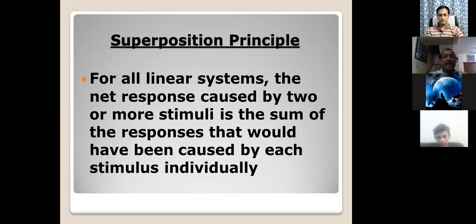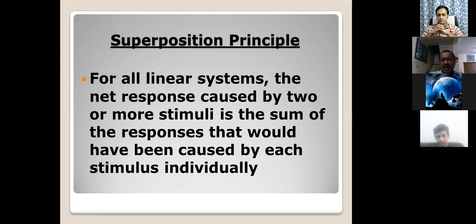So the superposition principle, in literature, says this: for all linear systems, you can disregard the word linear right now, let us say for all systems, the net response caused by two or more stimuli is the sum of the responses that would have been caused by each stimulus individually.